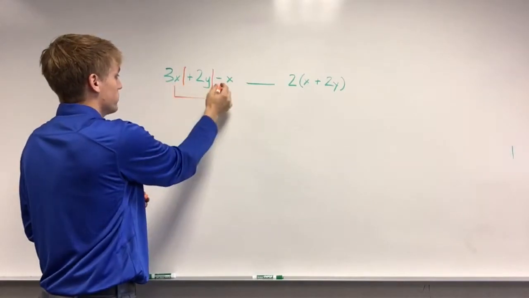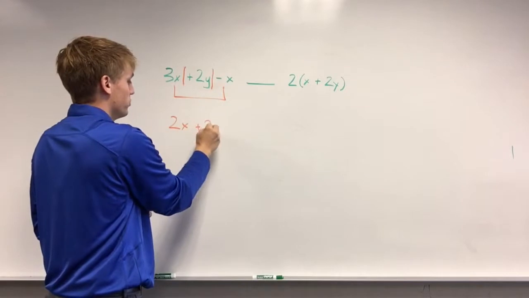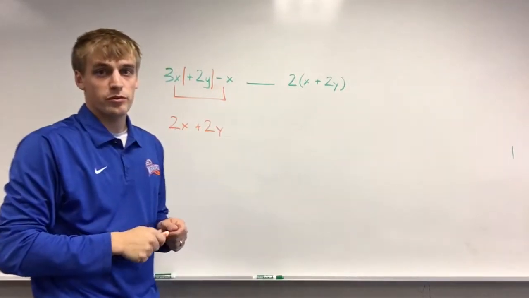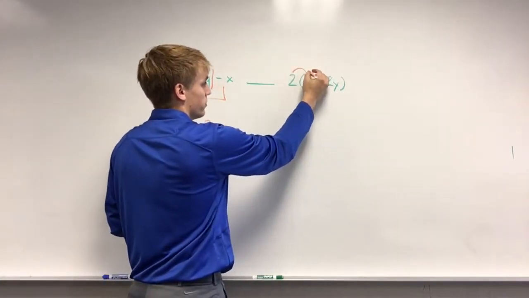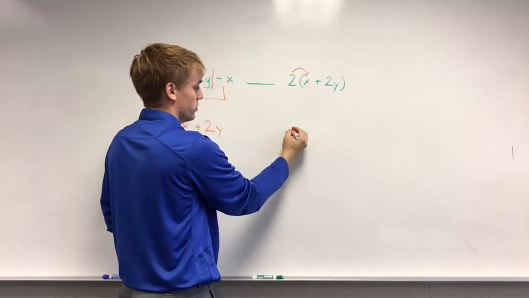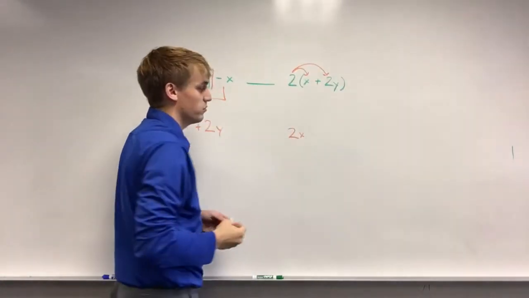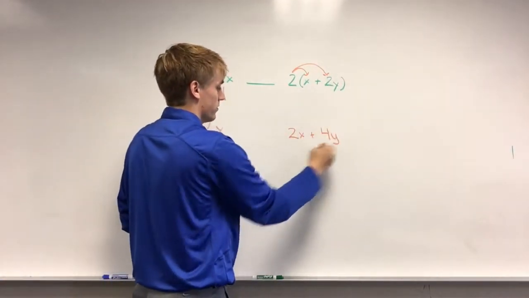So 3x minus x is 2x, and then this term is 2y. Over here, we're going to use the distributive property to simplify this expression. We're going to take 2 times x, which is 2x, and 2 times 2y, which is 4y.